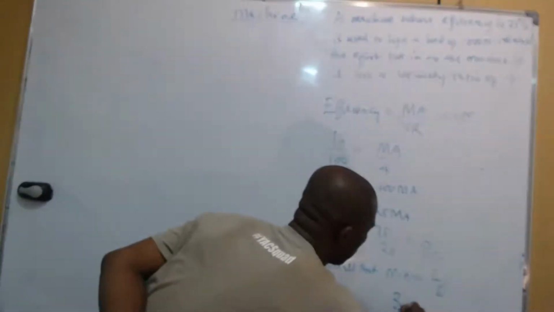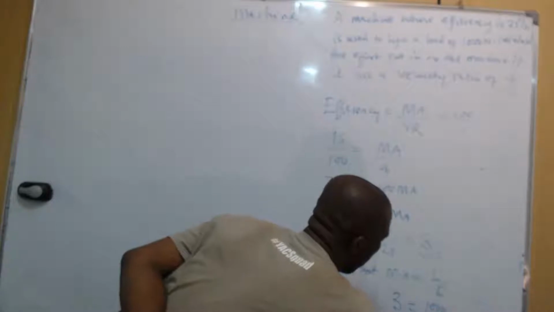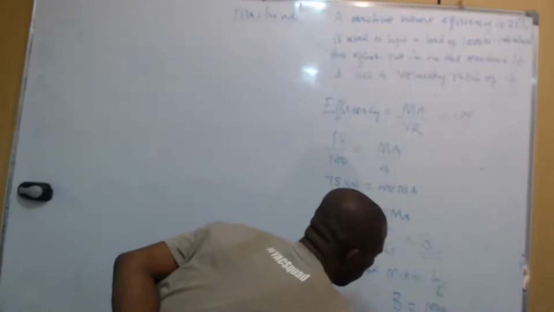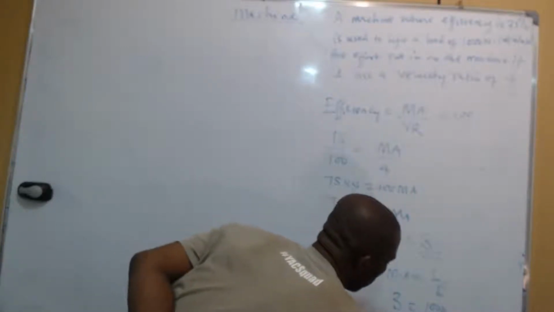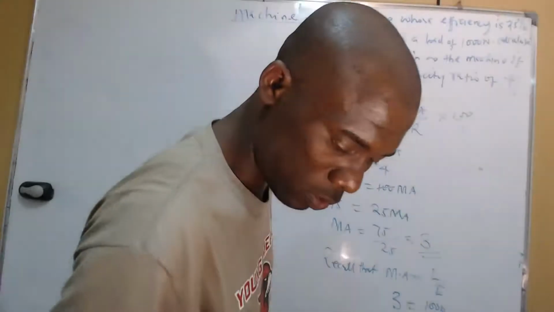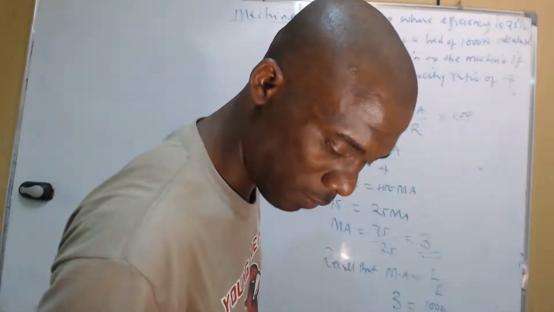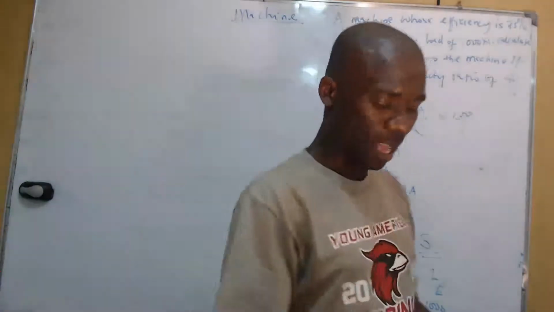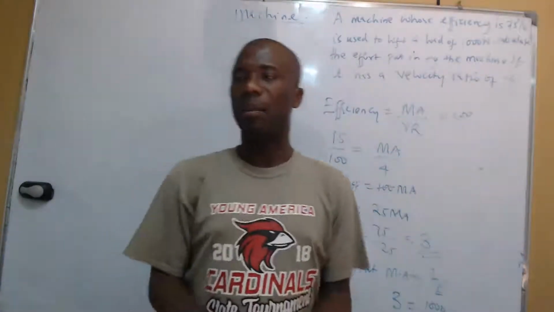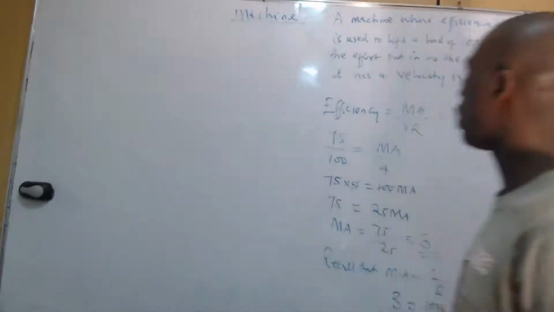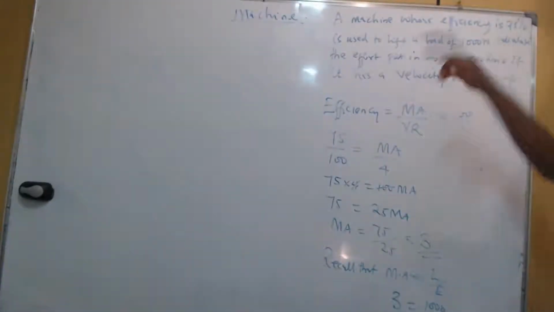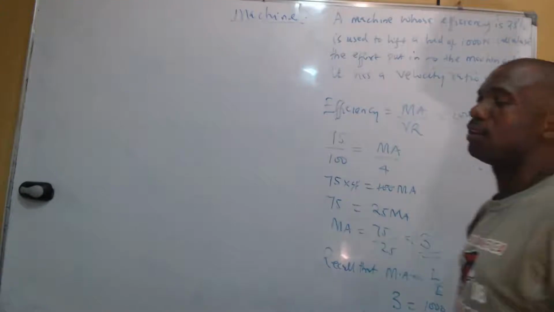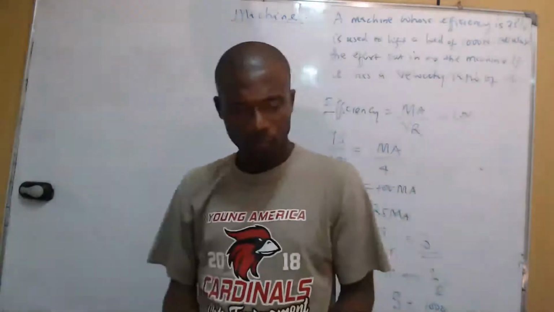So 3 is equal to 1000 over effort. So effort will be equal to 1000 over 3. So that gives us 1000 divided by 3. This is the effort applied by that plier in order to lift this load to a particular distance. So that's it.